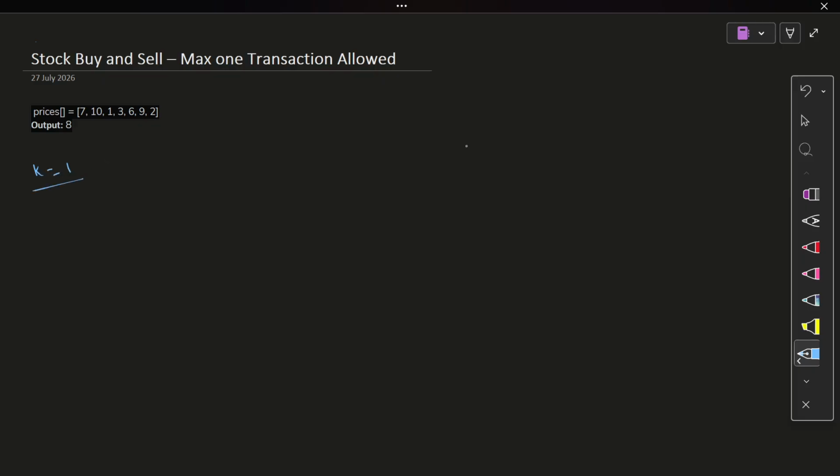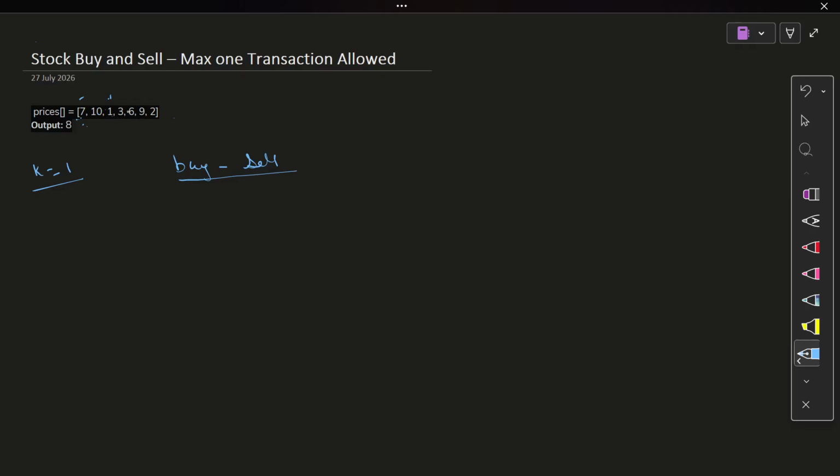Okay, so here the price array is given. Buy and sell. Suppose we buy here, sell here, buy here, sell here. Buying price this one, selling price.